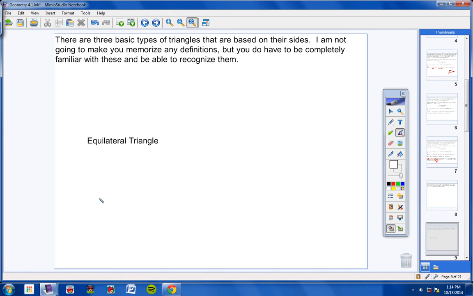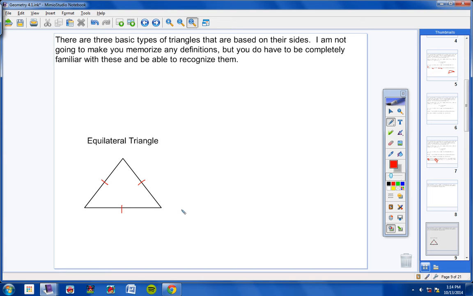So go ahead and draw a triangle if you would, please, that has three congruent sides. In other words, all three sides have the same length, okay? Then go ahead and make note of that by putting a mark here, a mark here, and a mark here.